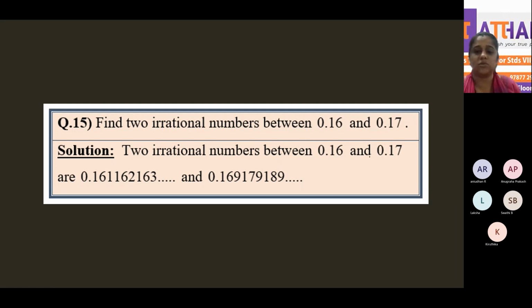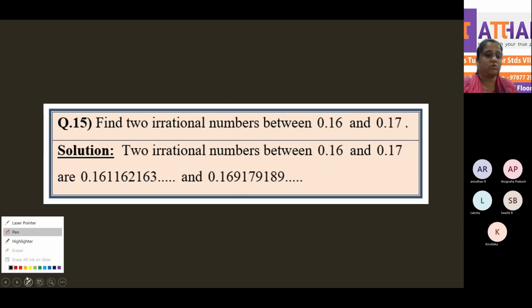So I have taken this as 160 and 170, 161, 169. I told you, take 1 0 extra. So it's like 160 and 170. I've taken 161 and written something, 169 written something. Am I clear, children?